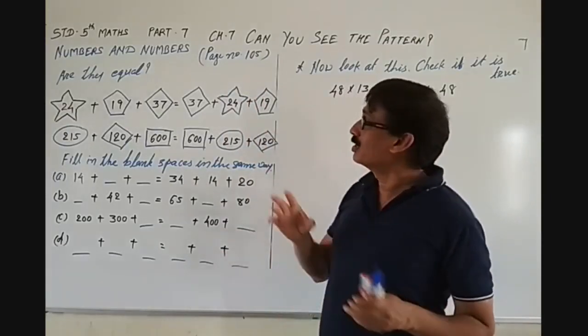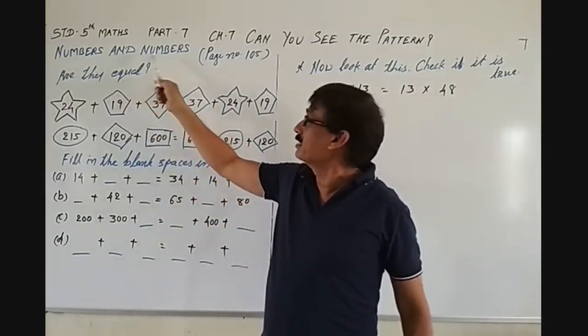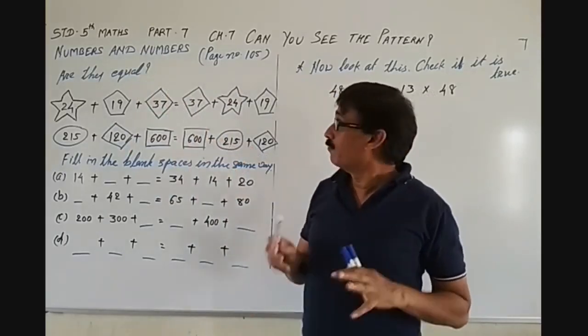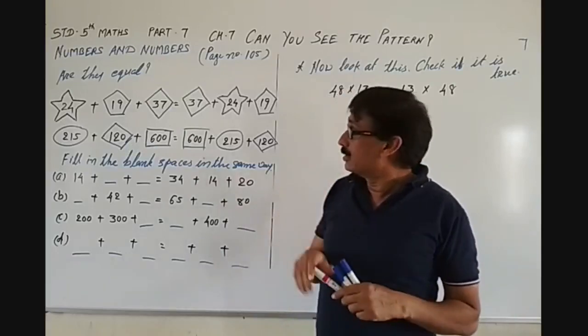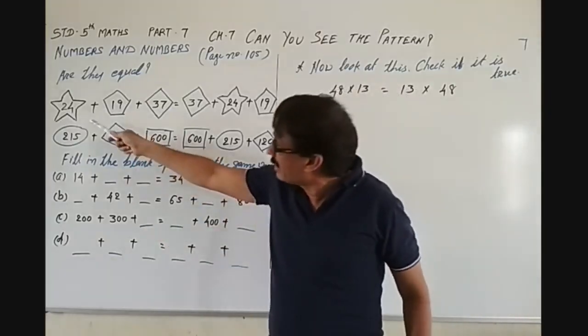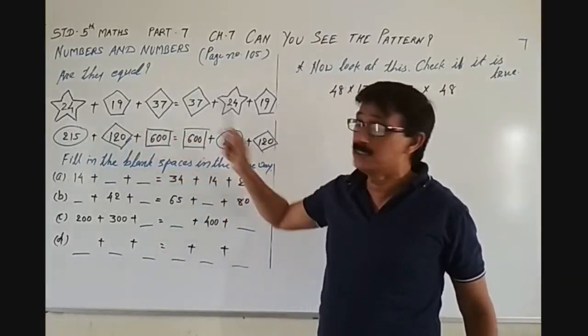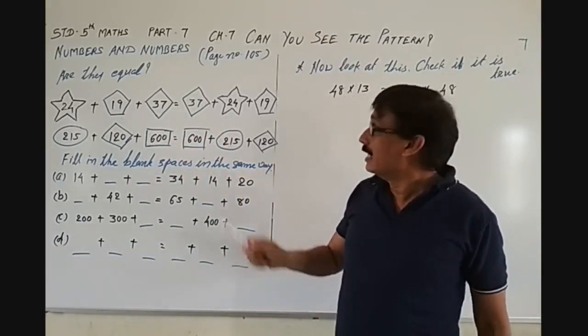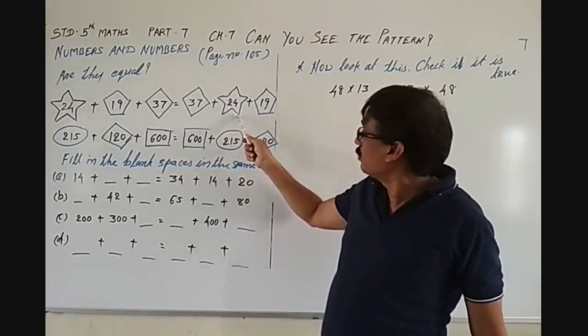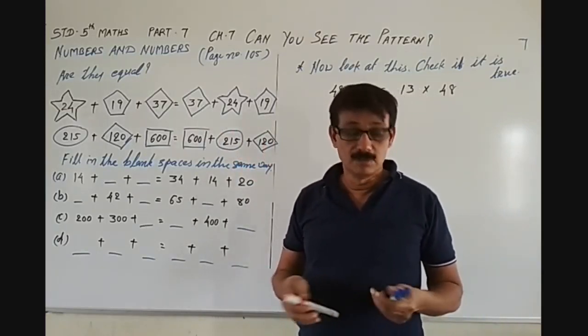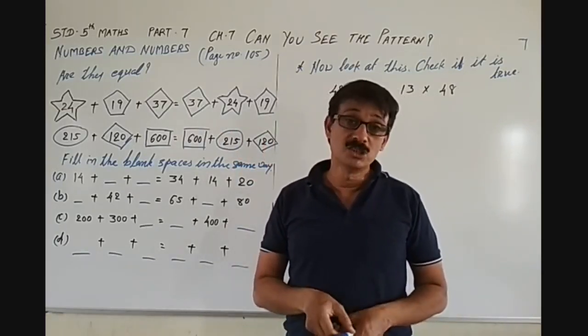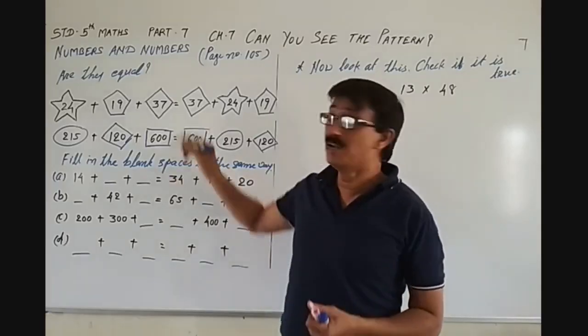And let's try to understand this one, numbers and numbers. First of all, are they equal? See, there are 3 numbers, 24 plus 19 plus 37. Is it equal to 37 plus 24 plus 19? Both are equal. For that, we must go for addition of these 3 numbers, isn't it?